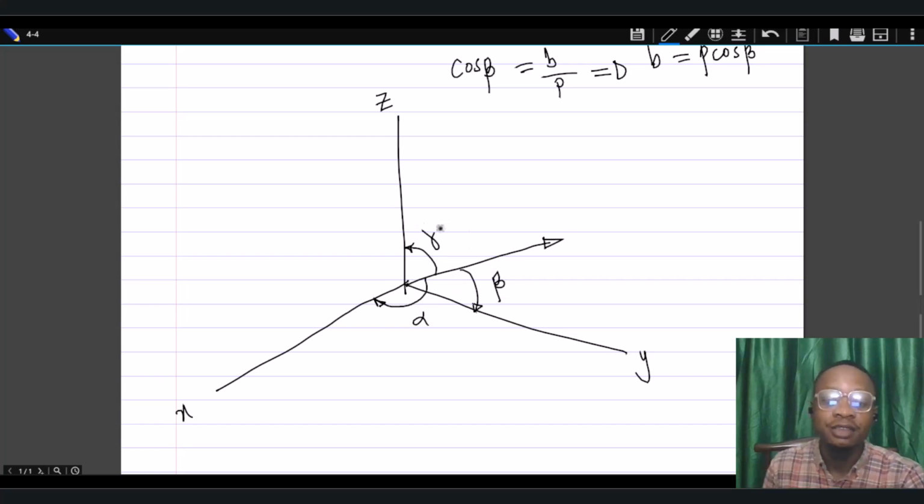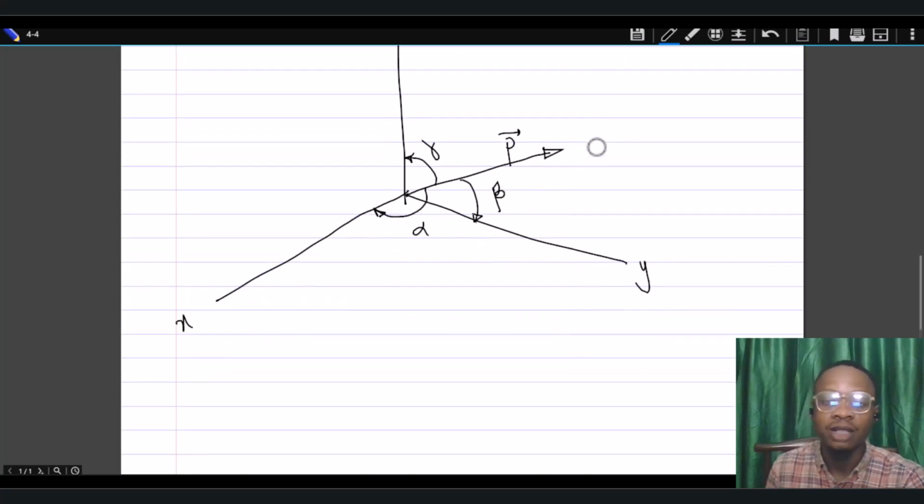And this is still some vector P, for instance, that has components A, B, C in the respective directions, like we illustrated in the last lesson. So if that is the case, again we will have the cosine similar to what we have up there. We can show that cos alpha is equal to the x component, which is what we denote as a here, divided by the magnitude of the vector.